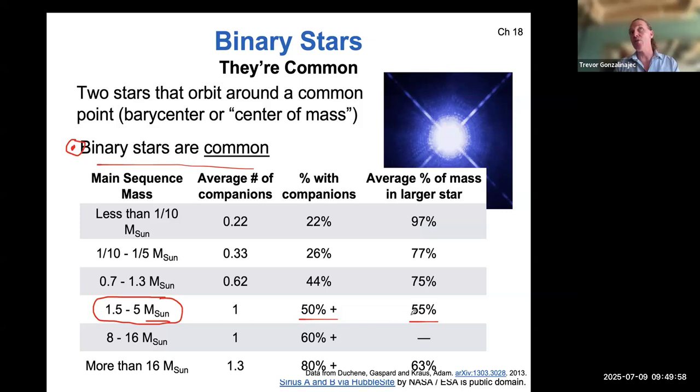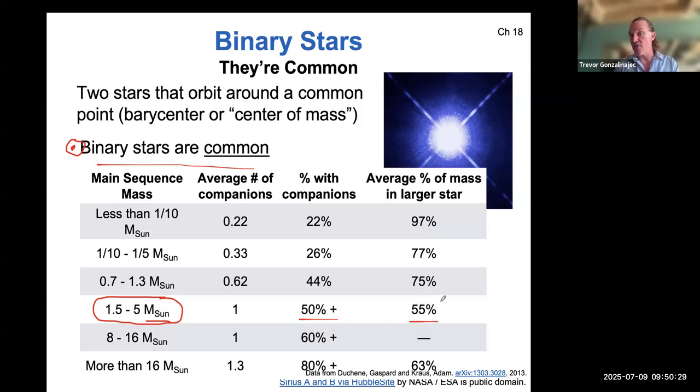So in fact, this one's not a chance. This is just dividing it up. So it's saying that the other star in the binary system, of which there's a 50% chance it's there in the first place, is going to have about half of the mass. If that sentence seems a little complicated, what I'm just saying is that in this case, for this size range of stars, when they're in a binary system, they usually are the same size as each other, because this says average percent of mass in the larger star.